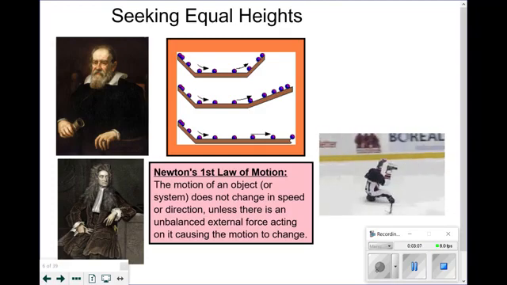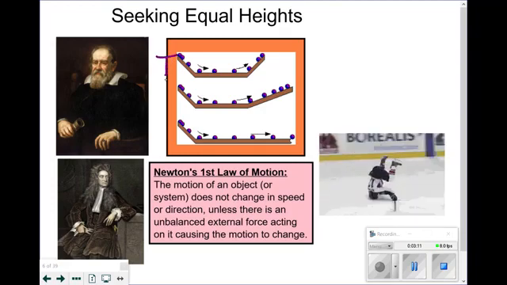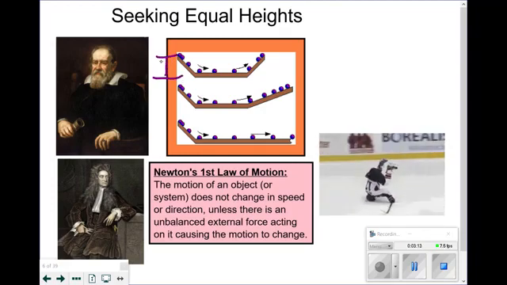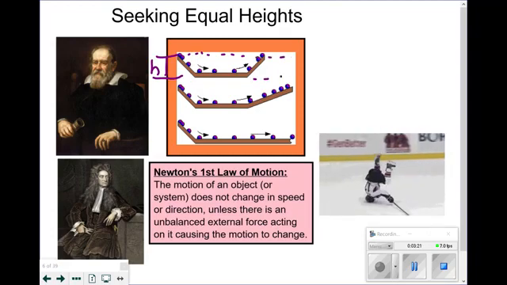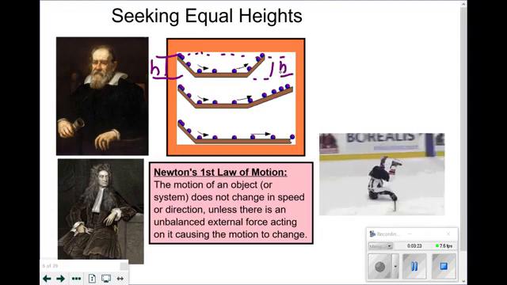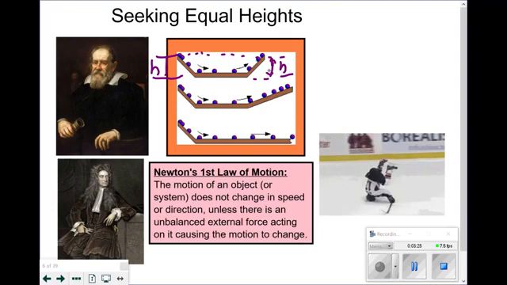And when he did this, he noticed that the objects seemed to seek equal heights, which means whatever height you started the ball at on the first ramp, that would be the exact same height the ball would reach on the other side if the ramp was very smooth.